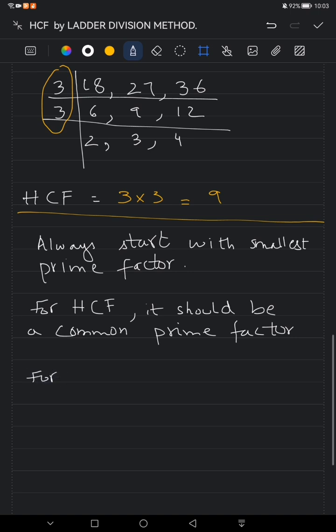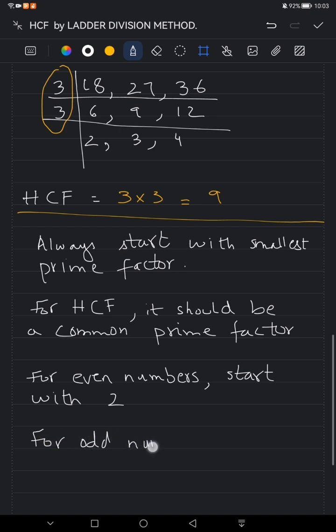For even numbers, start with 2. For odd numbers, start checking with 3.